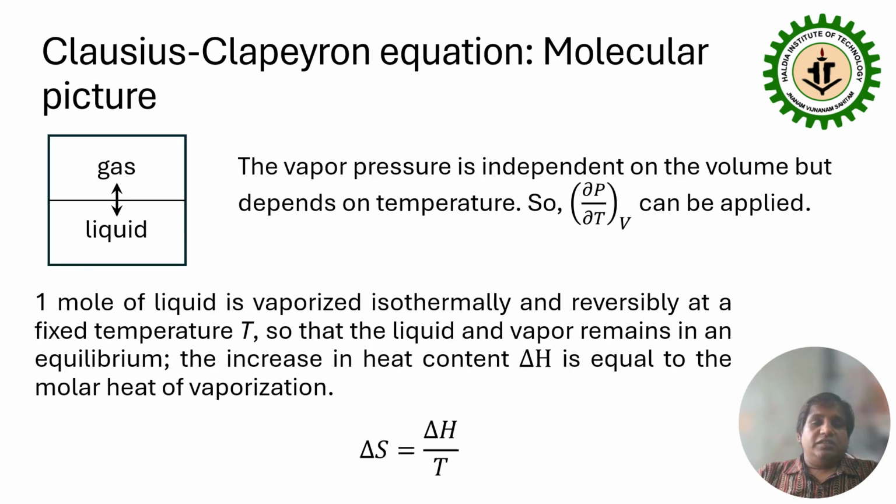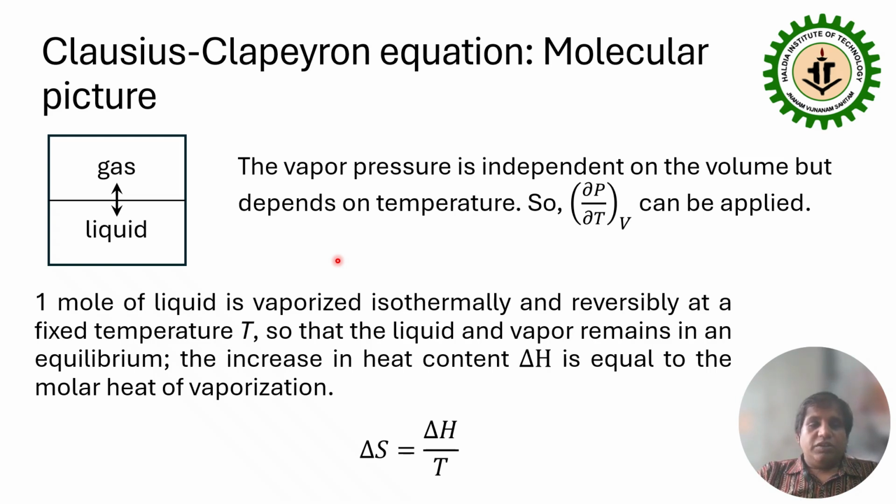In such a case, the vapor pressure is independent of the volume of the system but depends on the temperature. So (∂P/∂T) at constant V can be applied here.